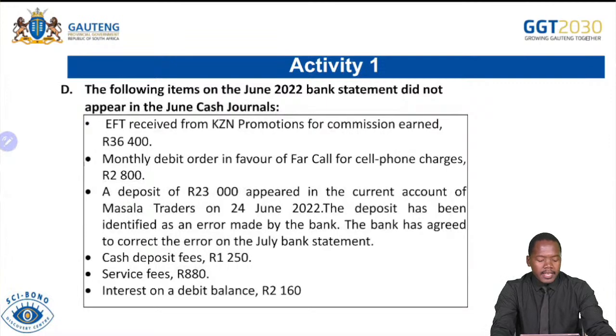Right, so we're having these items: EFT from KZN Promotion for commission, and then we have a monthly debit order in favor of Farcall for cell phone charges 2.8.